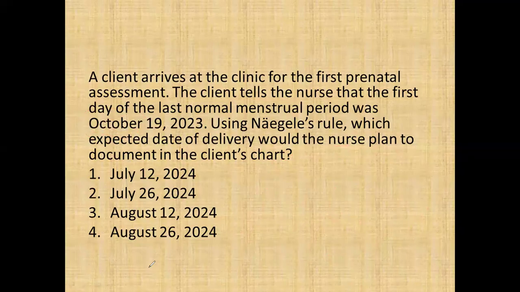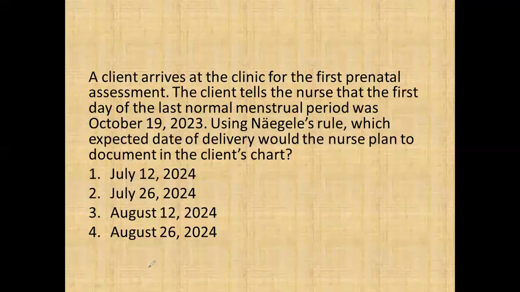One, you have to first of all identify the last menstrual period. And remember, I said that for the last menstrual period, we don't just take any date at all. You take the first day of the last menstrual period.